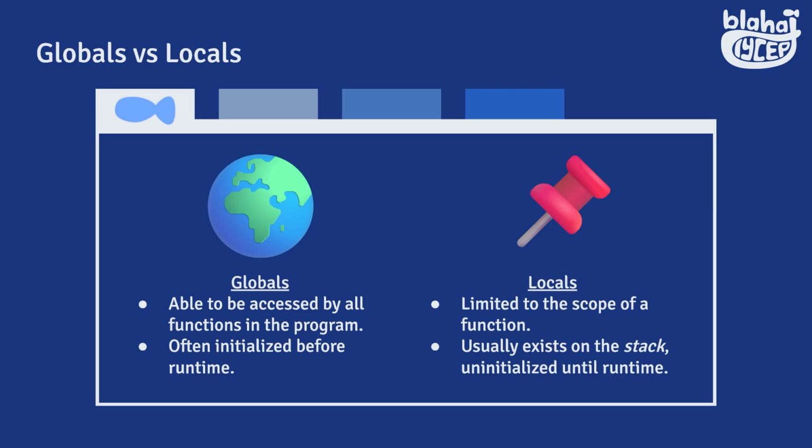In the case of a compiled program, a global variable is often initialized before runtime, which means if it has a value, that value is baked into the binary, right? Local variables are limited to the scope of a function. So that's why just now when you were looking at the function, it was called local whatever, right? Those are variables inside the function, not accessible outside the function.